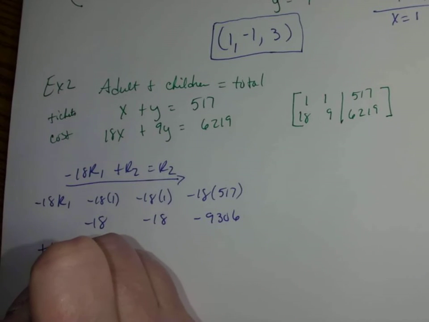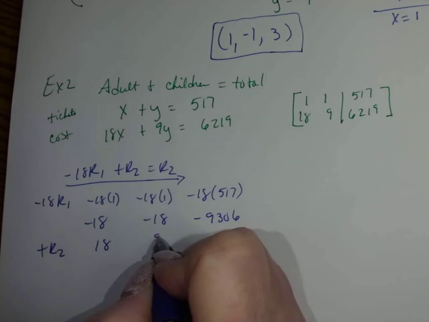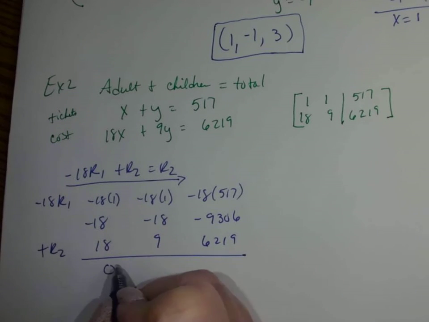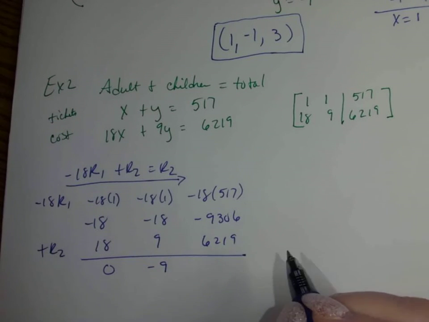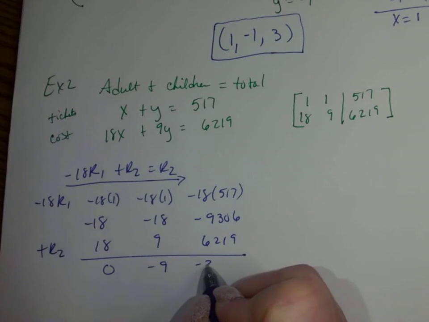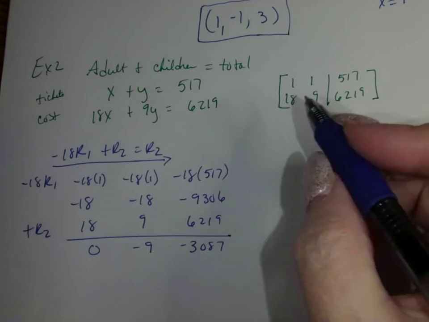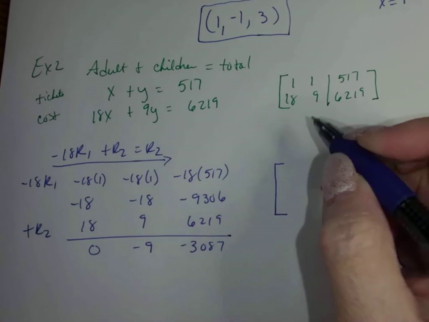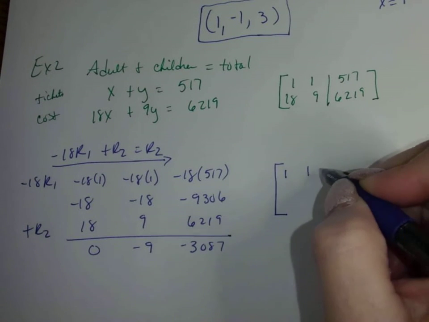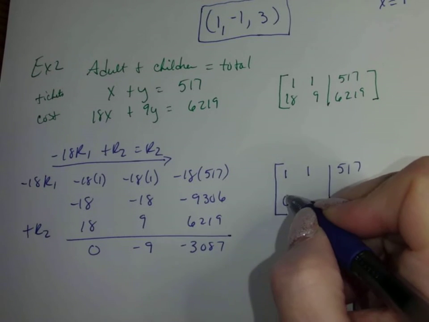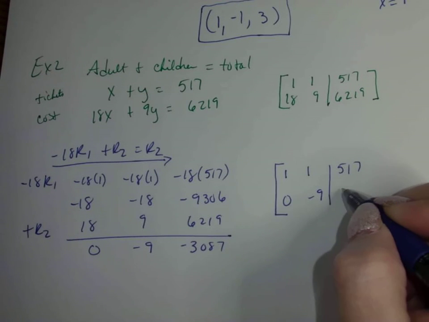Now we'll add our row 2 of 18, 9, and 62,19. Gets us 0, negative 9, and negative 3,087. Rewrite your matrix. So row 1 did not change, we just used it.